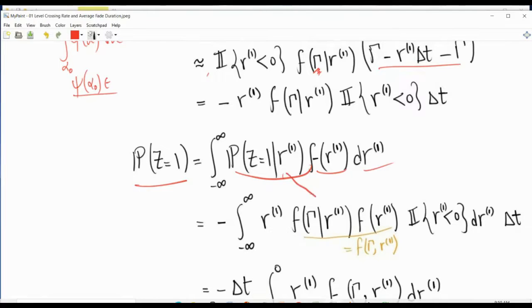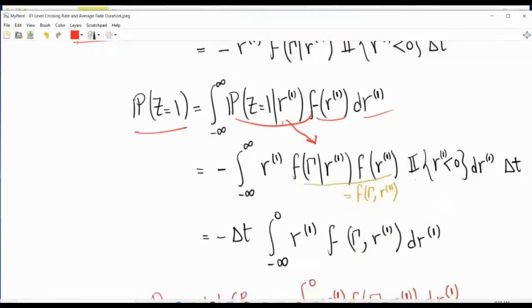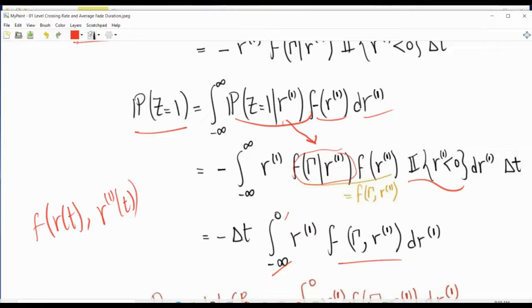We take the conditional probability and put it here, and because of the indicator that the first derivative is negative, the integration is from minus infinity to 0. You can combine the PDF of R given its mean square derivative multiplied by the PDF of the mean square derivative, and write them as the joint distribution of R(t) and R1(t), which again does not depend on t under our assumption.